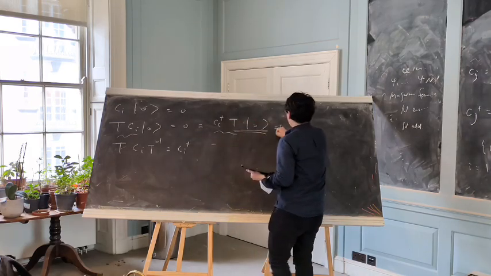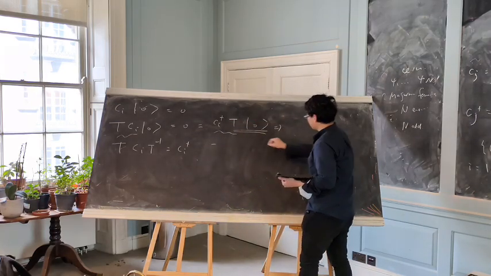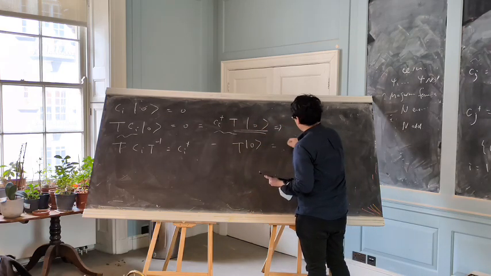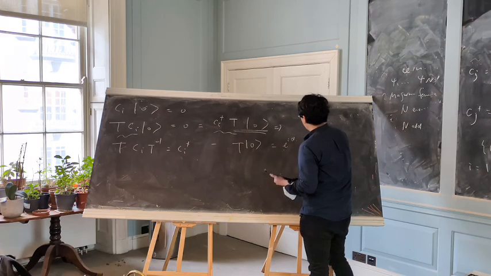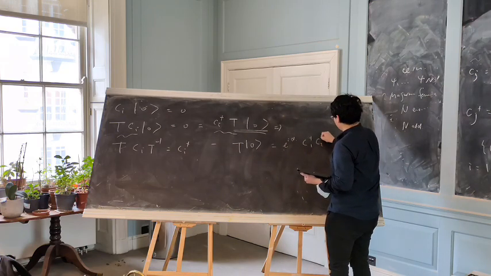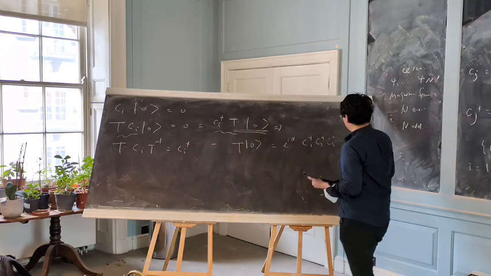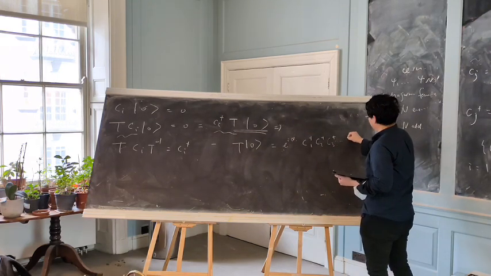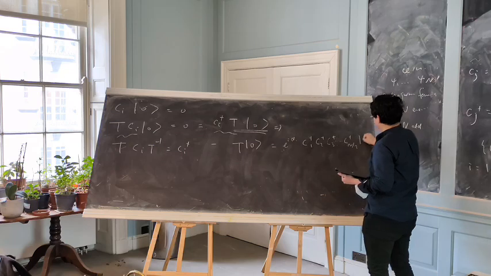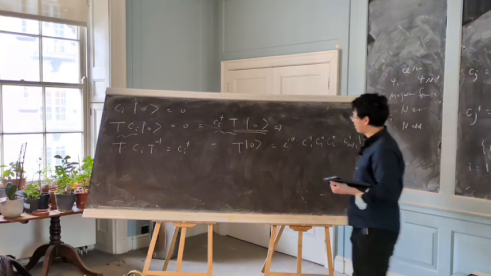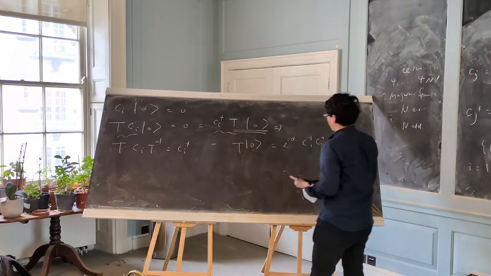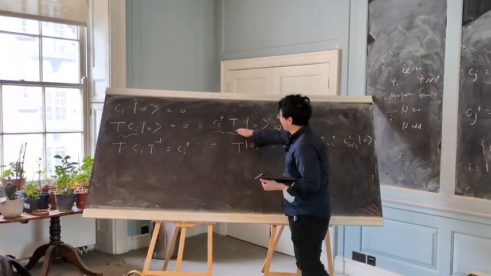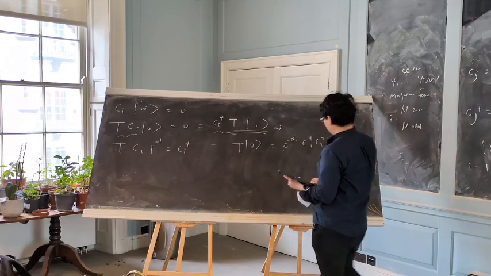So this tells you that the state T|0> will equal some phase, and then you just act on the Fock space vacuum with all the creation operators. So this is the top state in your Fock space, and this is the state that is annihilated by all the creation operators.